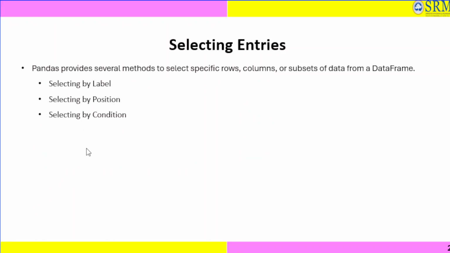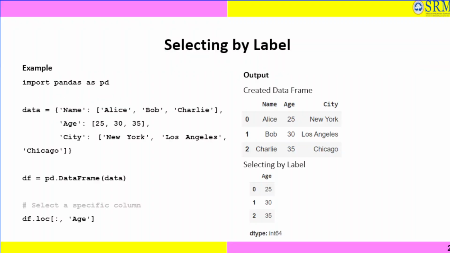And then selecting entries. As said, indexing is particularly used for selecting a particular row or a particular column or some subsets of data from a data frame. You can select by label, by position, or by condition.